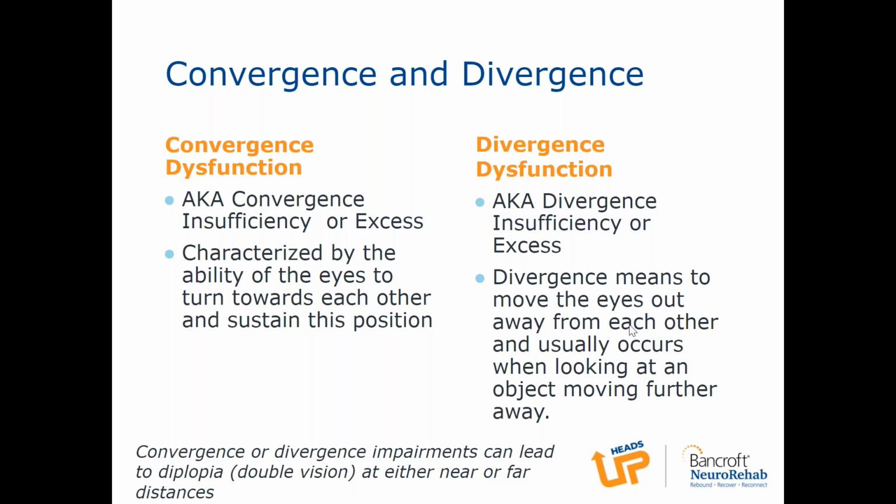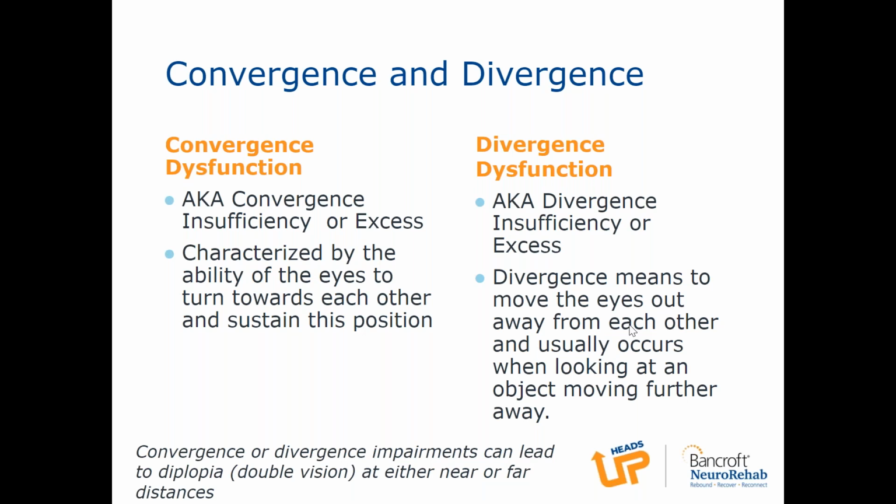So for convergence, we're talking about the ability for our eyes to turn towards each other and sustain this position. So that's that classic cross-eyed position. On the opposite end of that, divergence is the ability for the eyes to move out and away from each other, which is typically required when we're looking at an object further away.